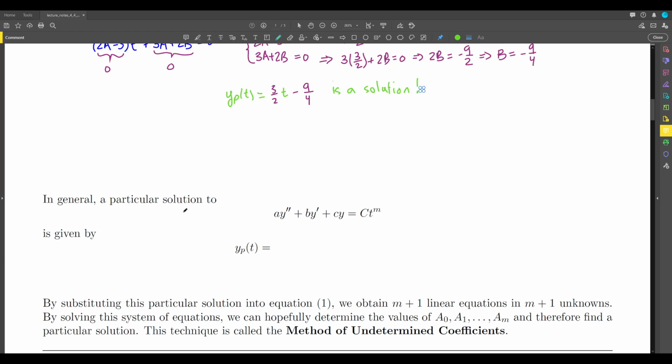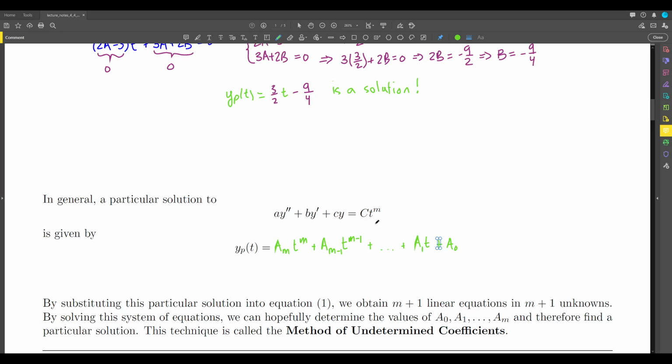In general, a particular solution to ay'' + by' + cy = c times some power of t is given by yp(t) = a_m t^m + a_(m-1) t^(m-1) + etc., all the way down to the linear term a_1 t and then the constant term a_0.